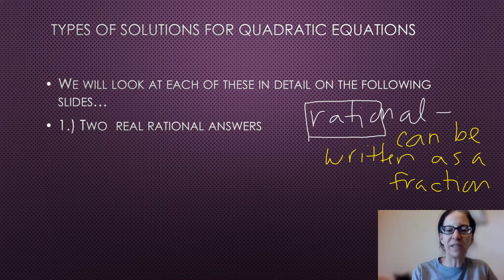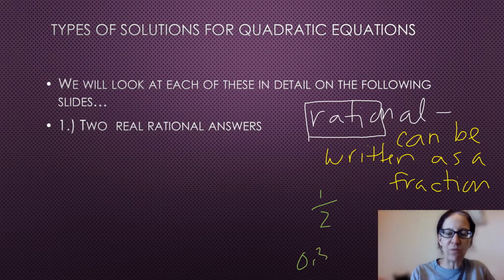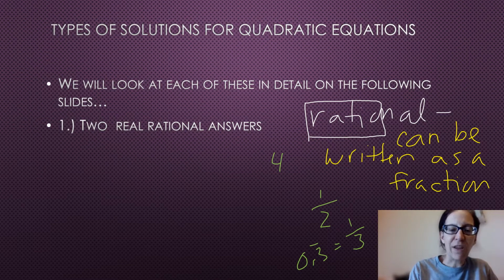So obviously something like 1/2 is a rational number because it is written as a fraction, but 0.3333333 repeating is also rational because you could write it as 1/3. And a number like 4 is rational because you could write the number 4 as 4/1.